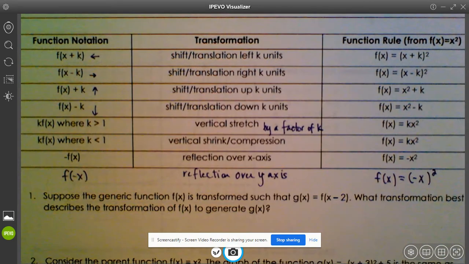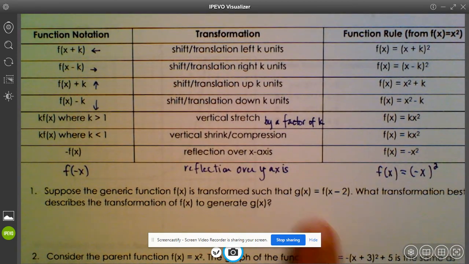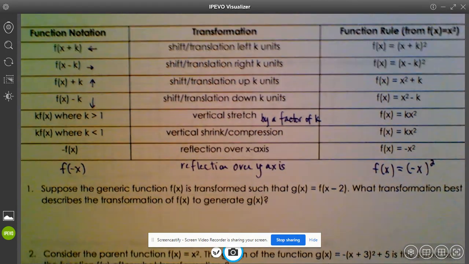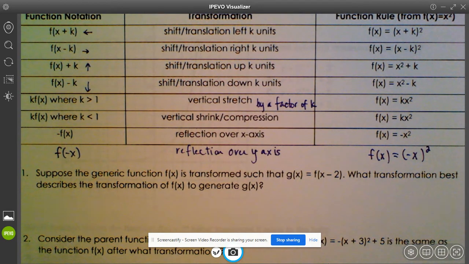Suppose the generic function f of x is transformed such that g of x equals f of x minus 2. What transformation best describes the transformation of f of x to generate g of x? Okay, well, I see that I've got x minus 2, and I see that the minus 2 is inside the function, inside the parentheses.